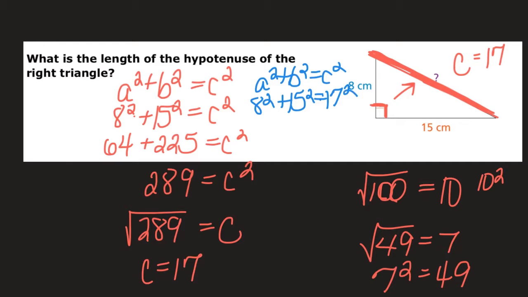I'm just going to put those in on my calculator. I already know that 8 squared plus 15 squared is 289. I already did that work. So I'm just going to verify on my calculator that 17 squared is also 289, and it is. If it was not, then it would not have been correct. Whatever I put in, I'm proving that this theorem is true. So since those are equal, my answer is correct.